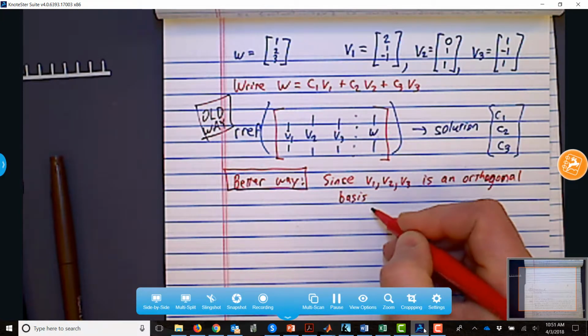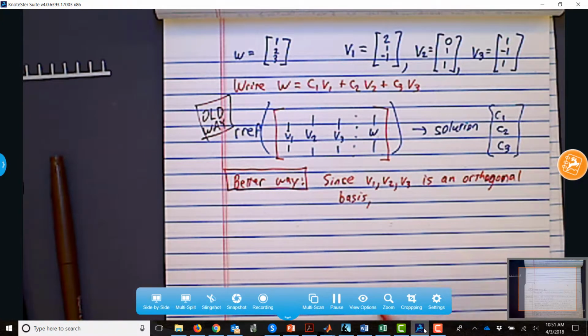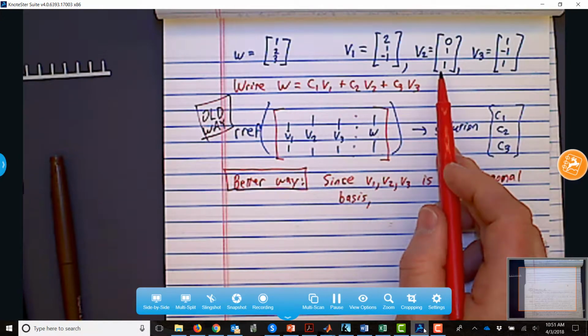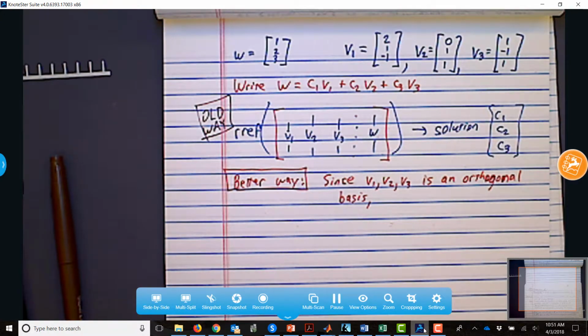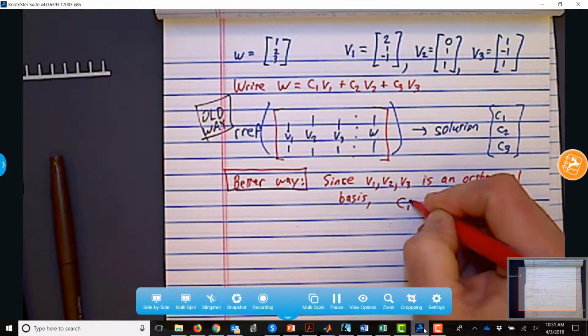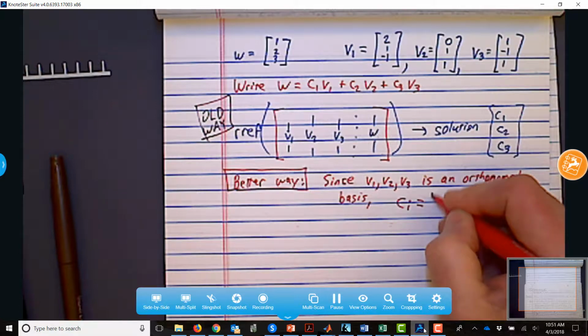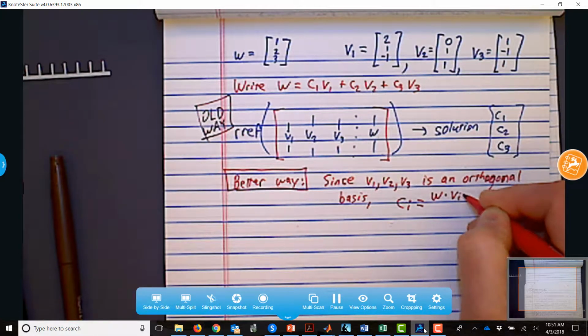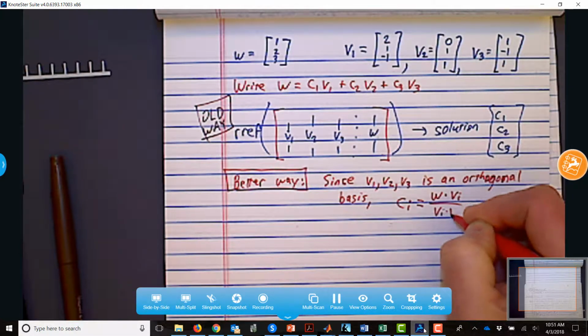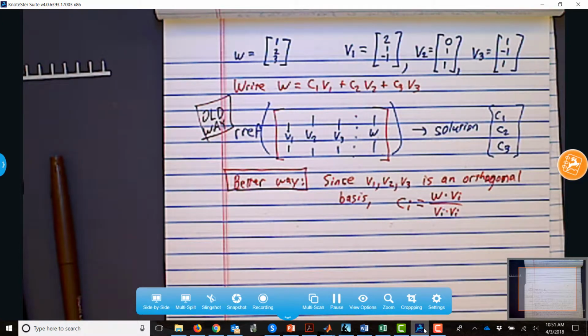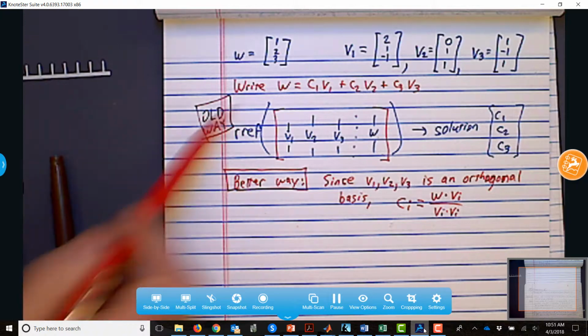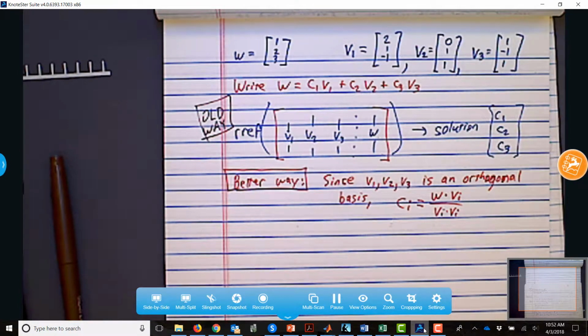Is that true? I hope so. If I dot V2 and V3, I get 0. Yeah, it is. It's from the book, from the example. We have a formula: Ci equals W dot Vi over Vi dot Vi. Okay? This is faster than going through all the row operations.